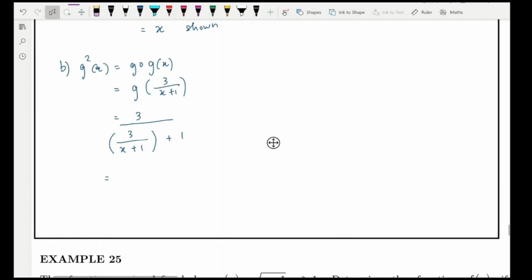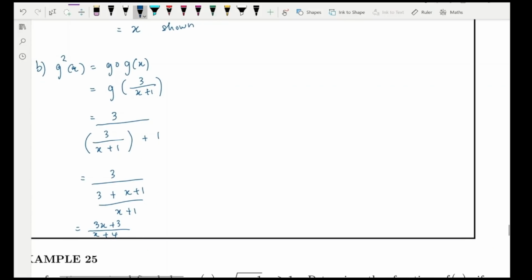And then we simplify the fraction. So 3 plus x plus 1 over x plus 1, or we can write it as 3x plus 3 over x plus 4. So this is g of g, or g squared.